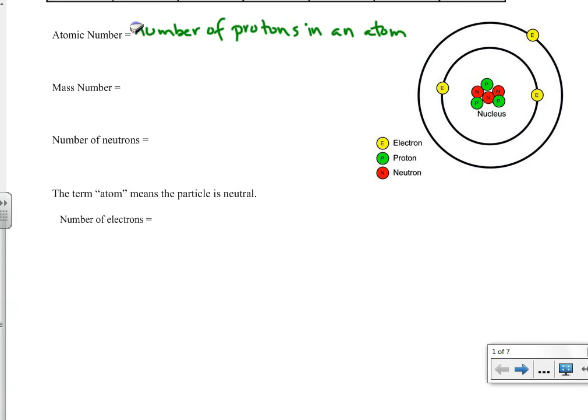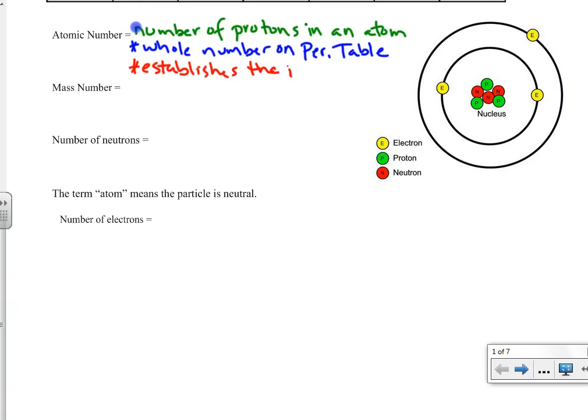It is this whole number that represents the atomic number. So it is a whole number on the periodic table. The atomic number is what establishes the identity of the element.